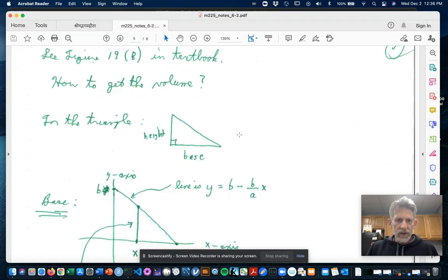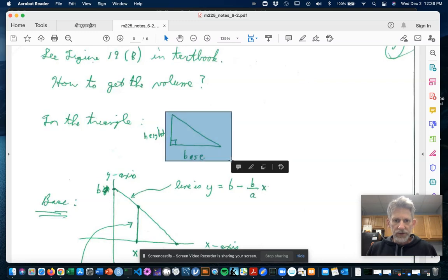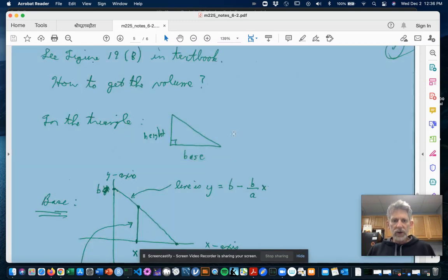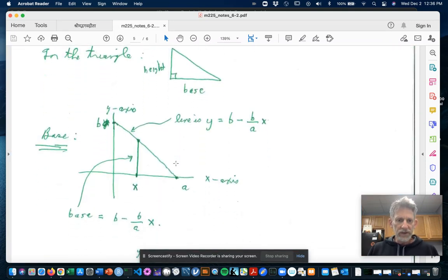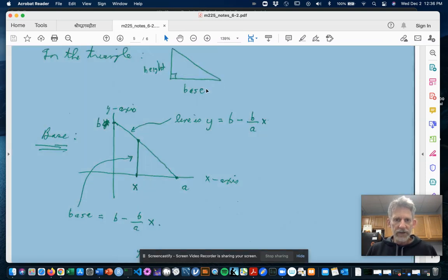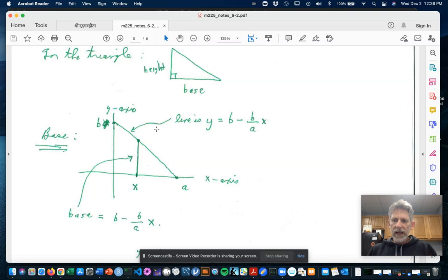Okay, so here I've got a picture of one of these arbitrary cross sections with its base in the xy plane, and its height in the xz plane. Let's first think about the base. So this line here, if I look down at it from above in 3 space, then it would look like this.